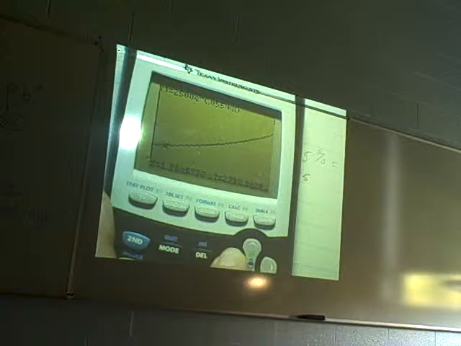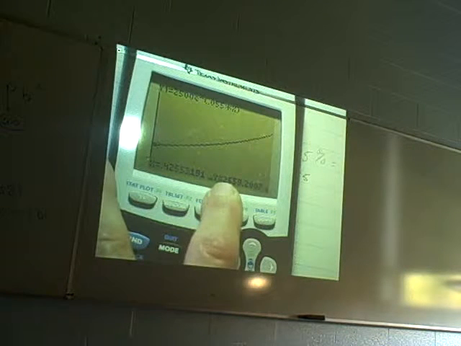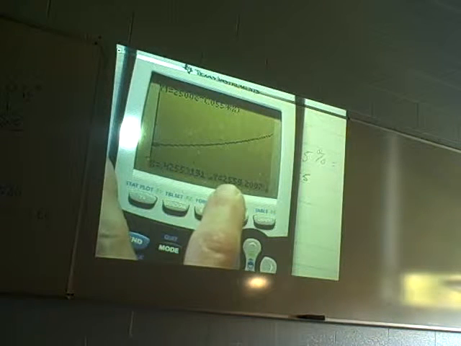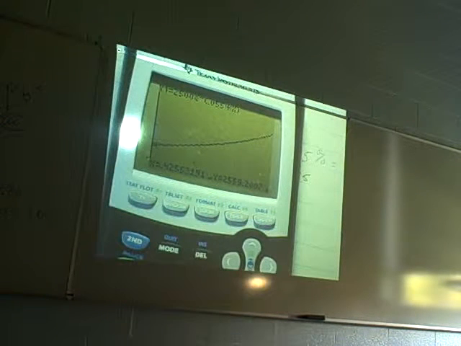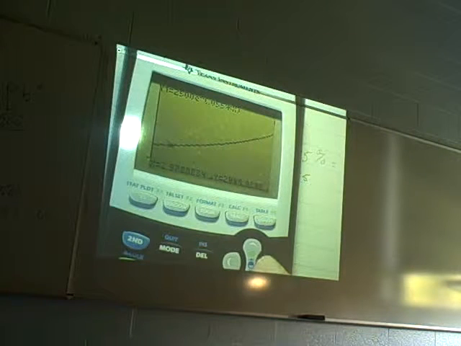We can see the $2,500 at the beginning of time when they deposited it, and I can see that it's growing, growing, growing.